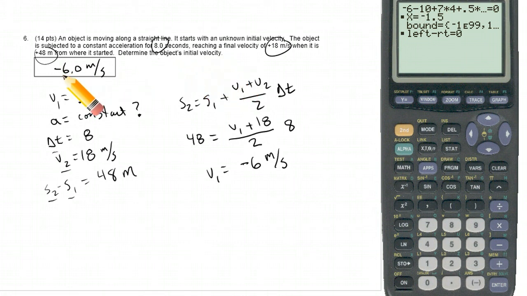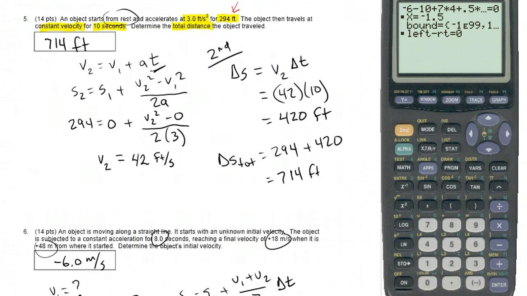I've sort of done that with a minus sign, and I've got units of velocity, meters per second. The plus 48 and the plus final velocity here give the connotation that this is a one-dimensional problem, and plus or minus will give our direction.